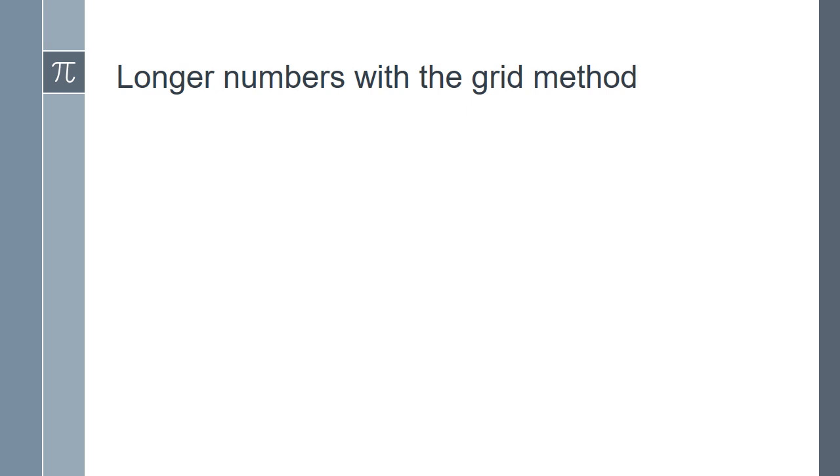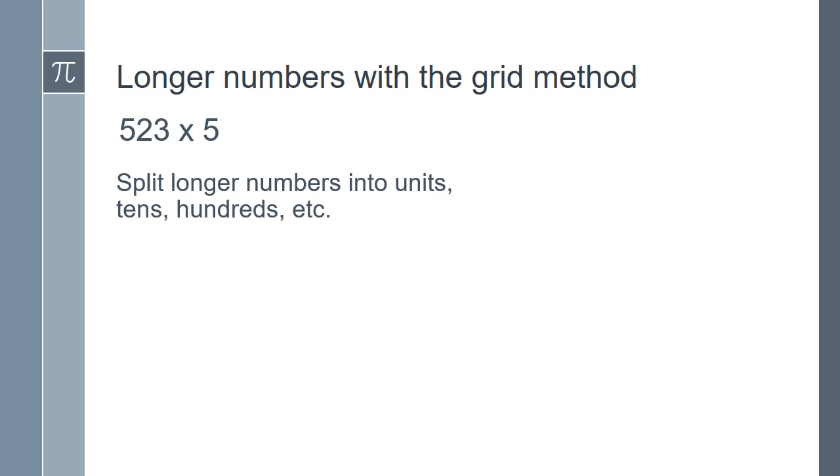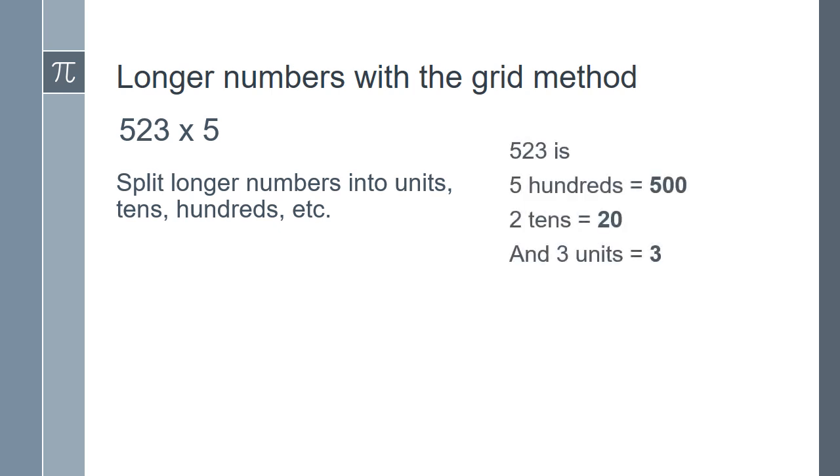Let's look at doing longer numbers with the grid method. So let's look at the sum 523 times 5. So again, you split your longer number into units, tens, hundreds, etc. So 523 is made up of 5 hundreds, which equals 500, 2 tens, which equals 20, and 3 units, which equals 3.